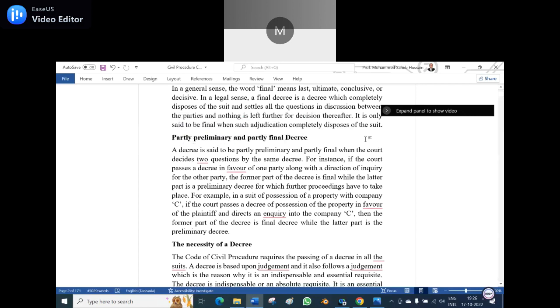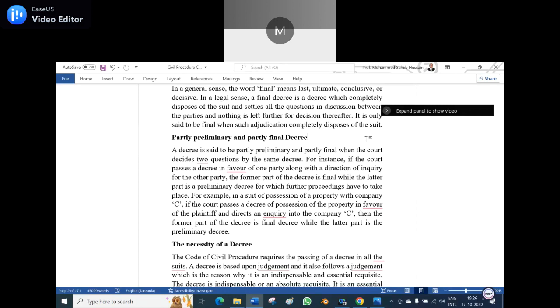A decree is said to be partly preliminary and partly final when the court decides two questions by the same decree. For instance, if the court passes a decree in favor of one party along with the direction of inquiry for the other party, means they will give the decree, but along with the direction of the inquiry, again the inquiry should be made.